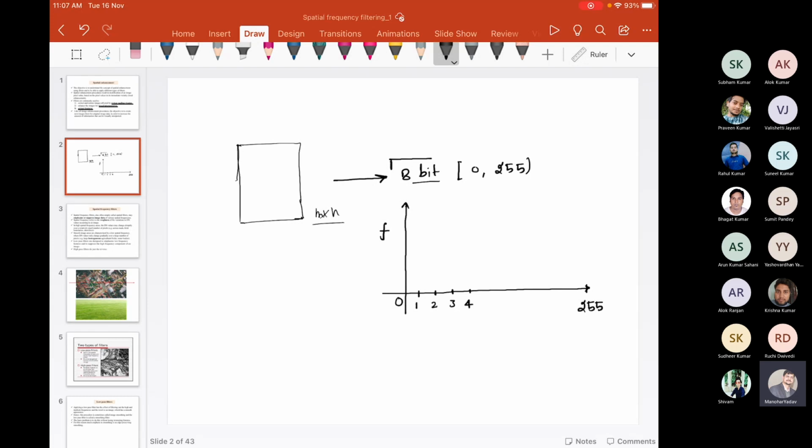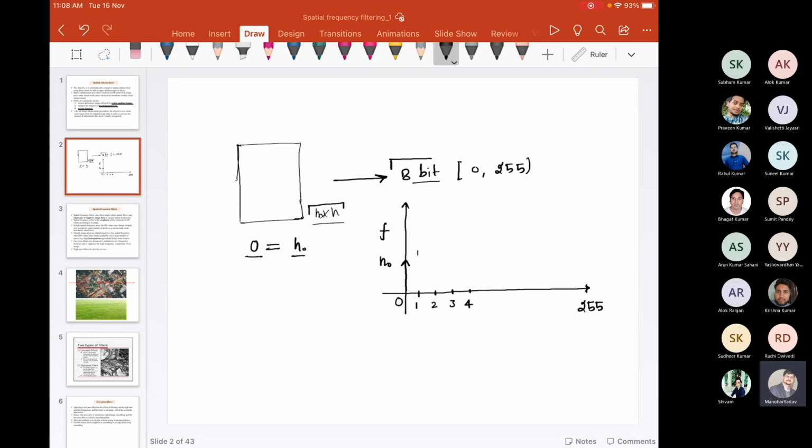The software starts searching from 0. Let's say the first DN number selected is 0, and all the elements in the n cross m image are searched to see how many times 0 is present. If it is present n0 times, the distribution is plotted here as n0.